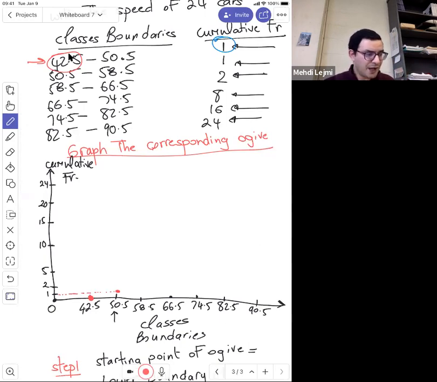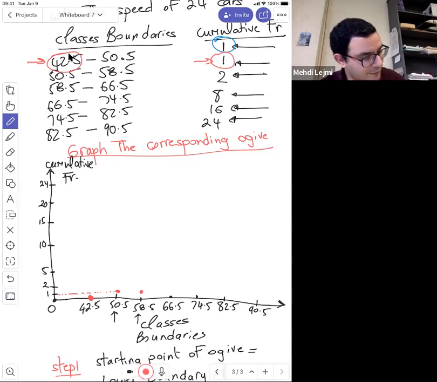Now we move to the next class. Cumulative frequency of the second class is 1 again, so we take the next class boundary, 58.5, and plot the point with height equal to 1, the cumulative frequency of the second class.